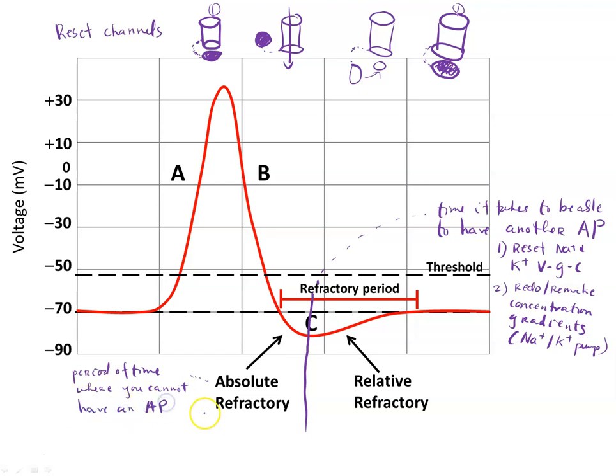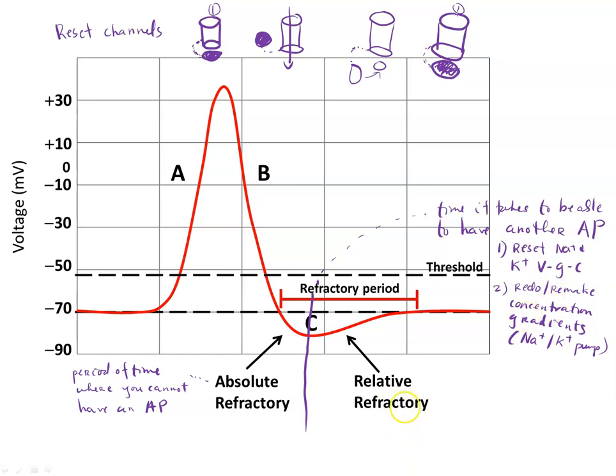And think about why that is. And if you don't know, go back to the mechanics, go back to your foundations, okay? Because everything that you need to know to answer this question of why can't you have an action potential during this part of the refractory period is all right here, okay? I'm gonna let you folks think about it, okay?